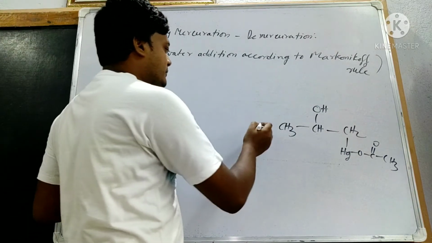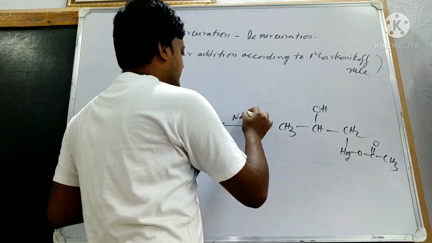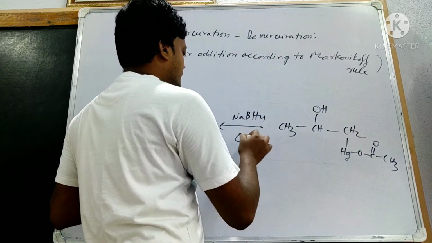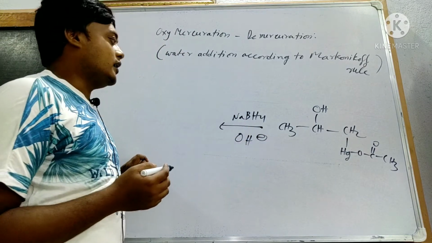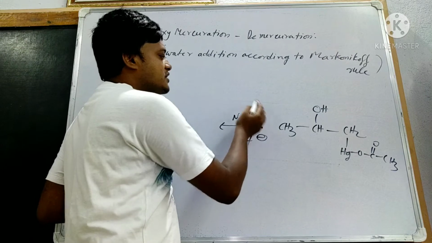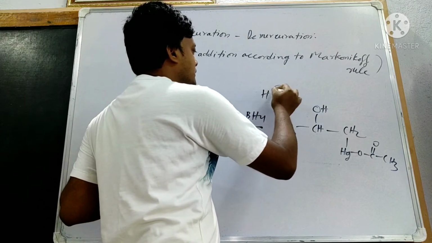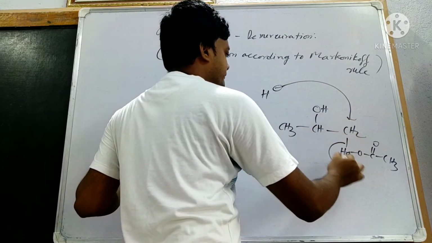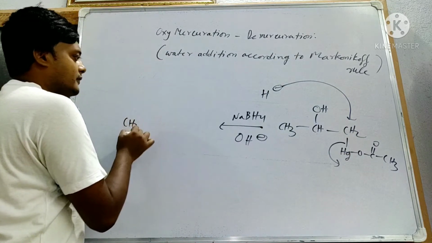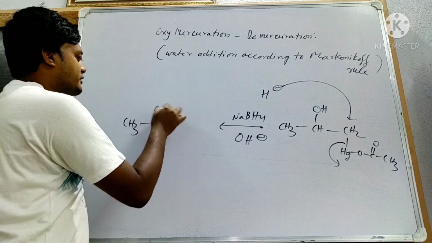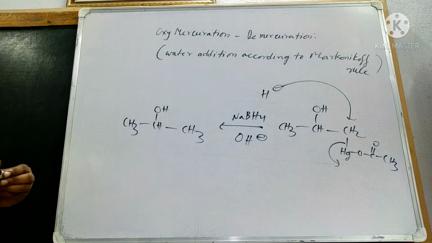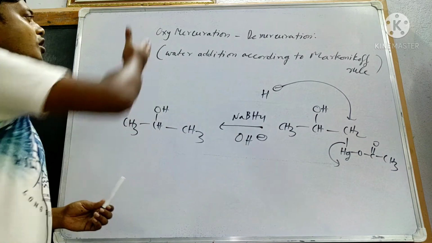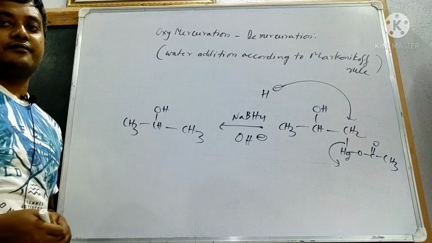NaBH4 in alkaline medium. NaBH4 is a reducing agent. NaBH4 can easily produce hydride, H minus. So we will get isopropanol as the final product. That is the mechanism of oxymercuration demercuration.